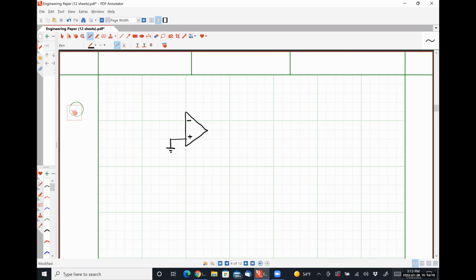So this circuit is going to be the exact same thing, except we're going to swap the placement of the capacitor and the resistor. So this is definitely going to be the integrating amplifier. That's absolutely correct.